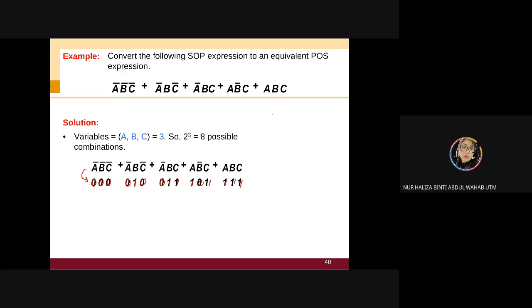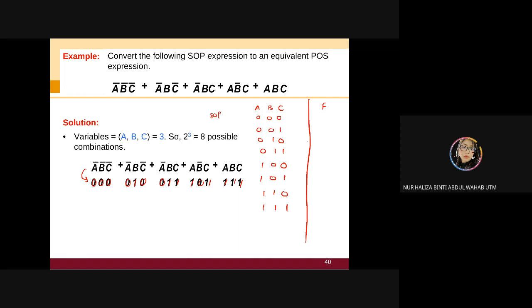So, I have a truth table. For my SOP, I have 0, 0, 0, 0, 0, 1, 0, 1, 0, 0, 1, 1, 1, 0, 0, 1, 0, 1, 1, 1, 0, 1, 1, 1.